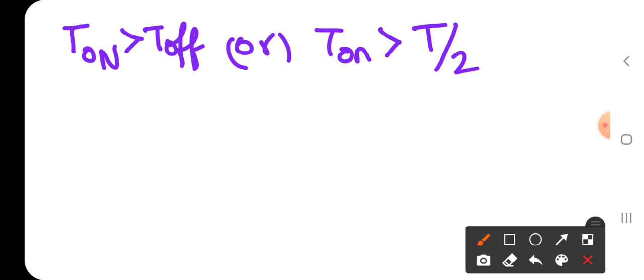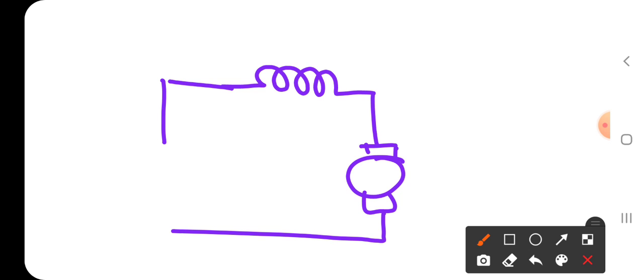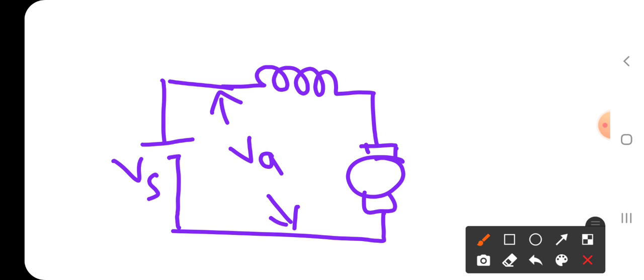So here, how I take the current and voltage: suppose the motor is connected to the source like this, then I take VA as VS. Okay.